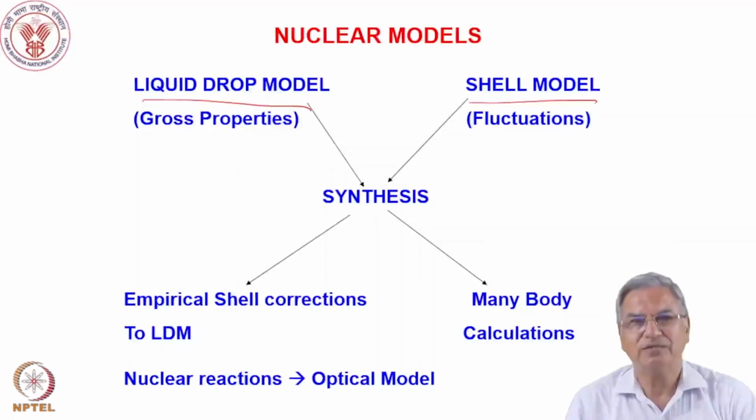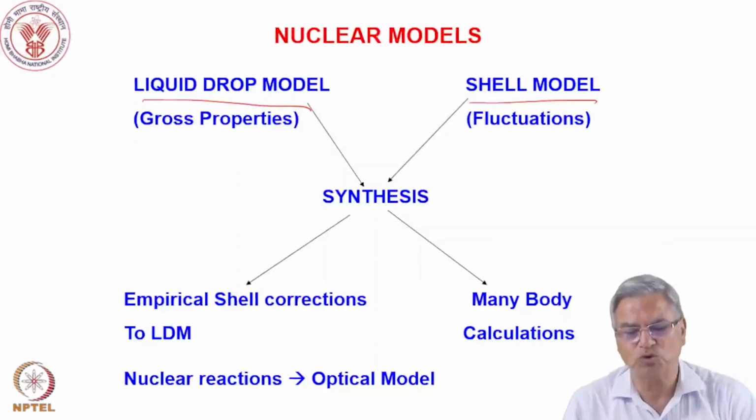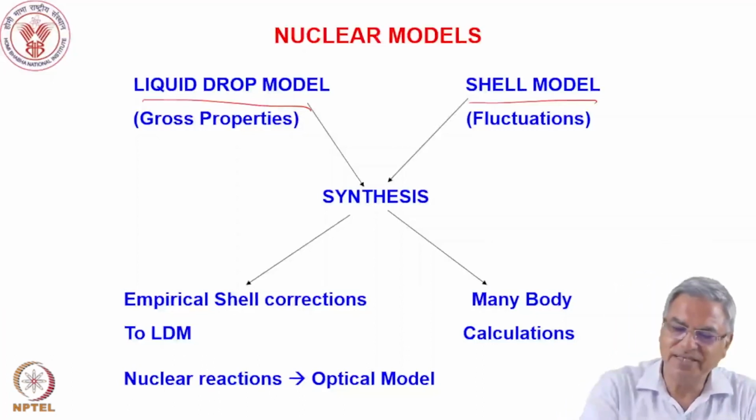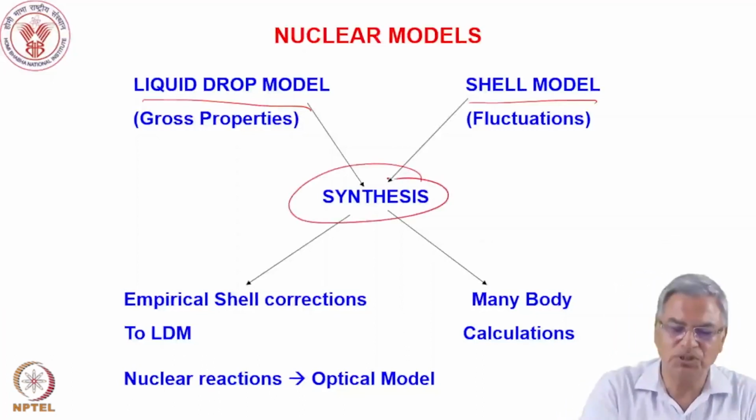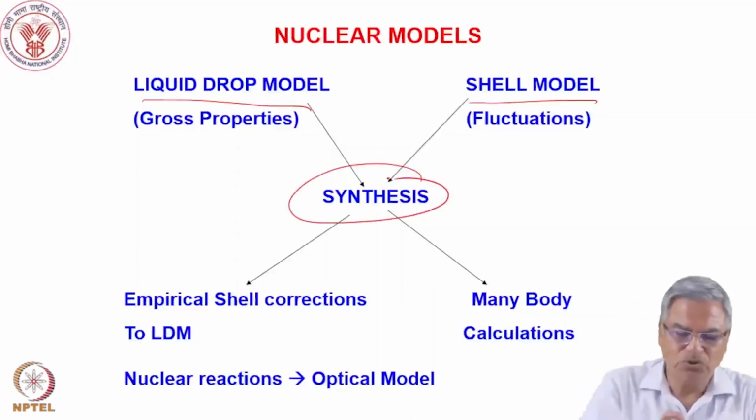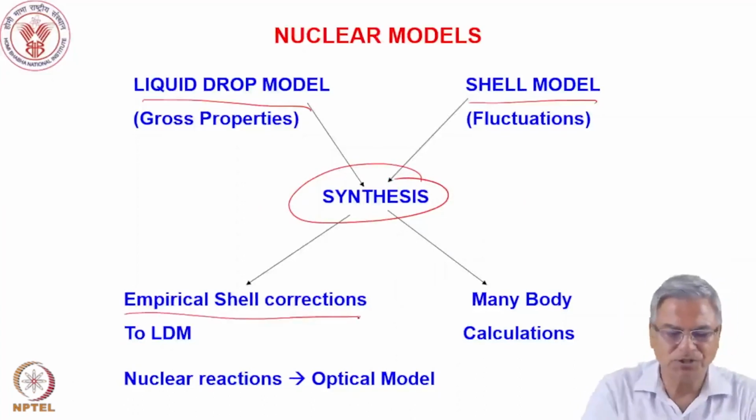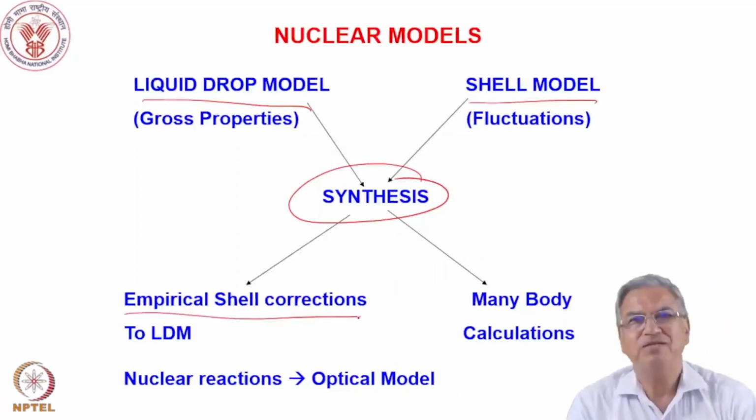As we discuss, you will find that the liquid drop model gives you the gross properties, the shell model explains the fluctuations in those properties, and there is a synthesis of these two types of models to give you empirical shell models, wherein you use experimental data to generate the properties of nuclei.